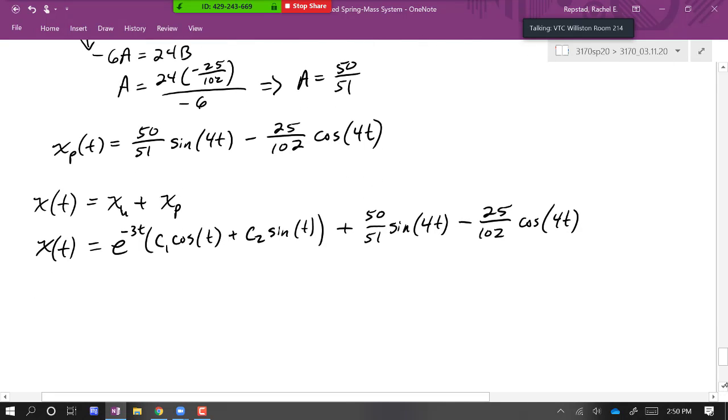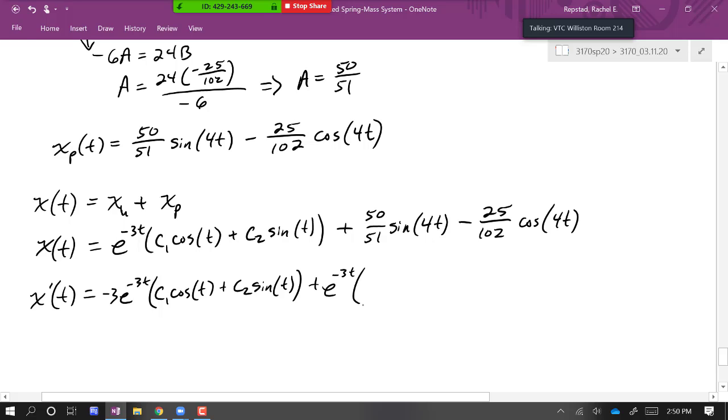So let's go ahead and find x prime of t. We only need to go as far as the first derivative, which is good because this is a product rule and that could get messy. So negative 3 e to the minus 3t times c1 cosine plus c2 sine. Then plus e to the negative 3t times the derivative of that stuff, which is negative c1 sine plus c2 cosine.